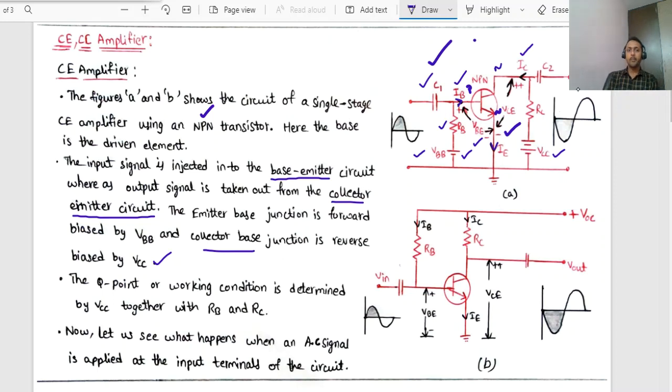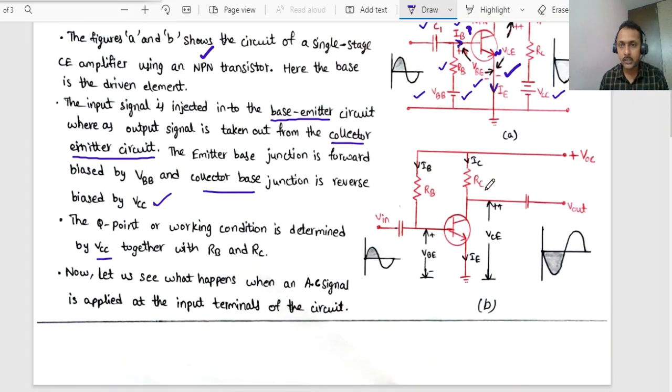Now the operating point or working condition is determined by VCC. In this diagram you can also observe IC is the collector current, IB is the base current, IE is the emitter current, VBE is the base emitter voltage, and VCE is the collector emitter voltage. This is the sinusoidal input given.